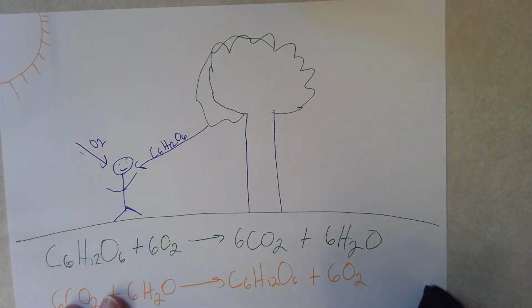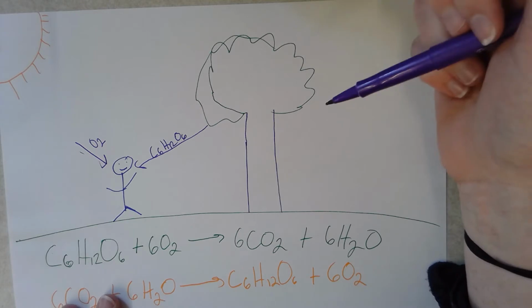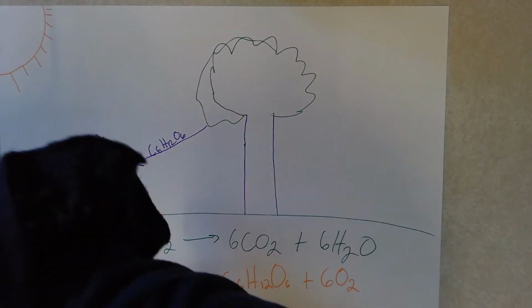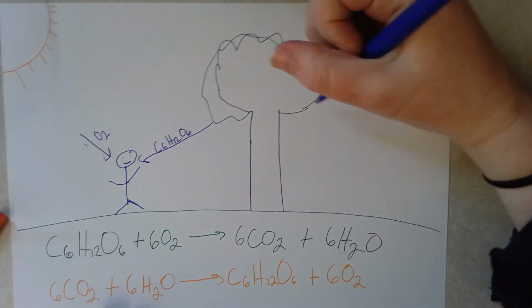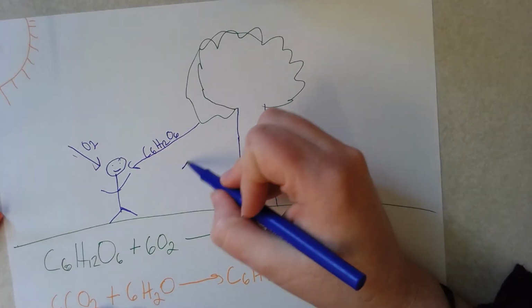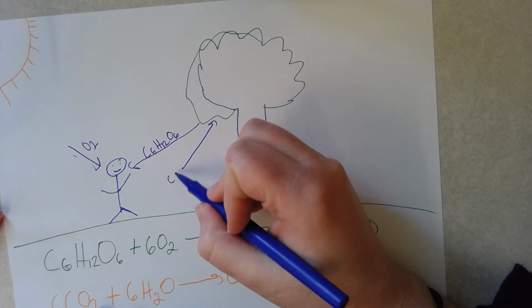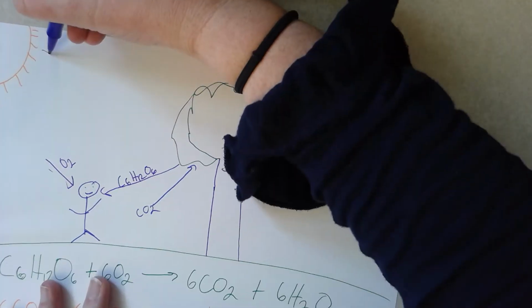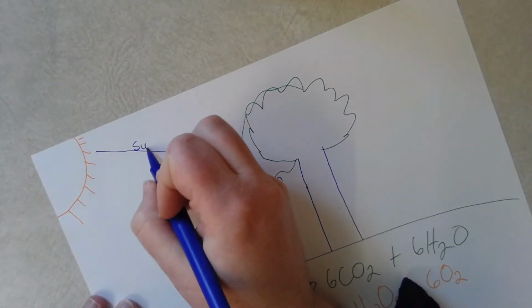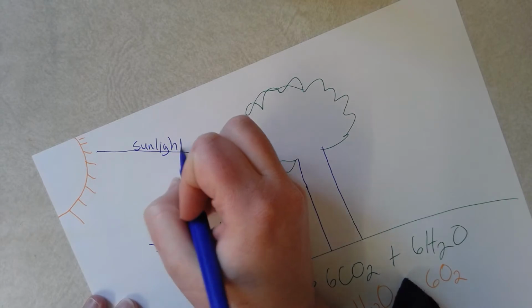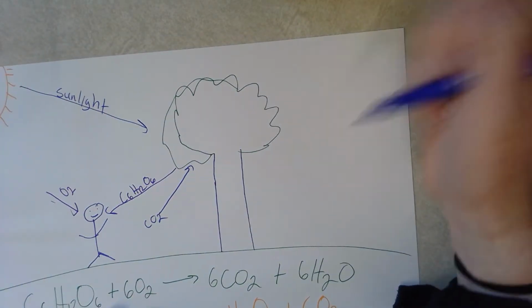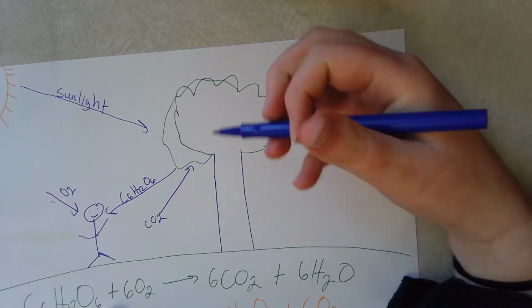Then I typically ask, what does this tree need? The tree actually needs carbon dioxide from the air. And it needs sunlight to excite the electrons, and it also needs water.